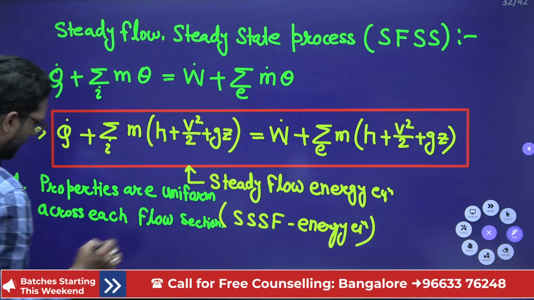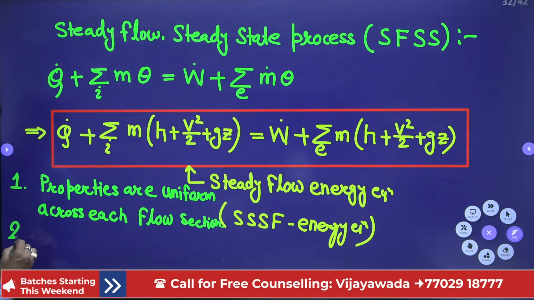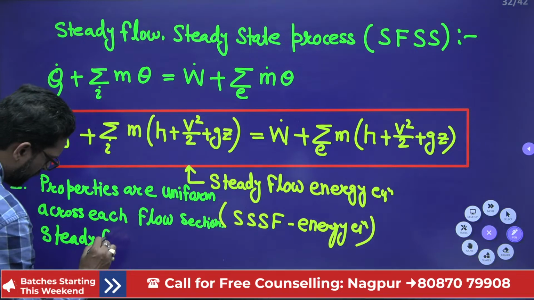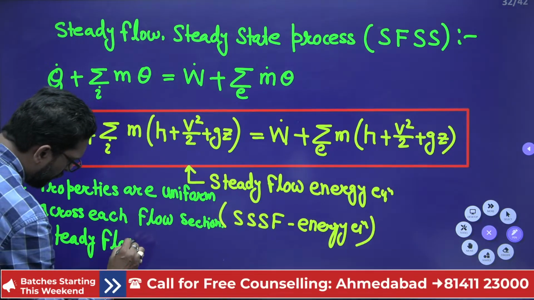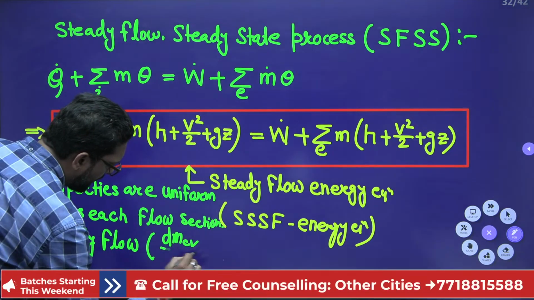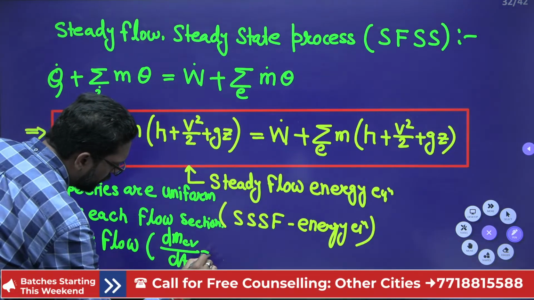Number second, steady flow, that means dm_cv by dt is equal to 0.